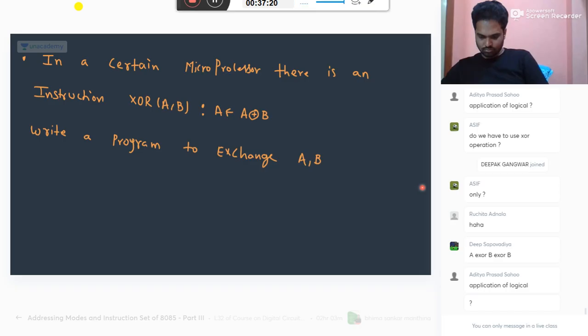Don't use AX or BX. Try it. Tell me how many instructions, how many lines are required. Don't take other variables also, because he doesn't say other variables are there.